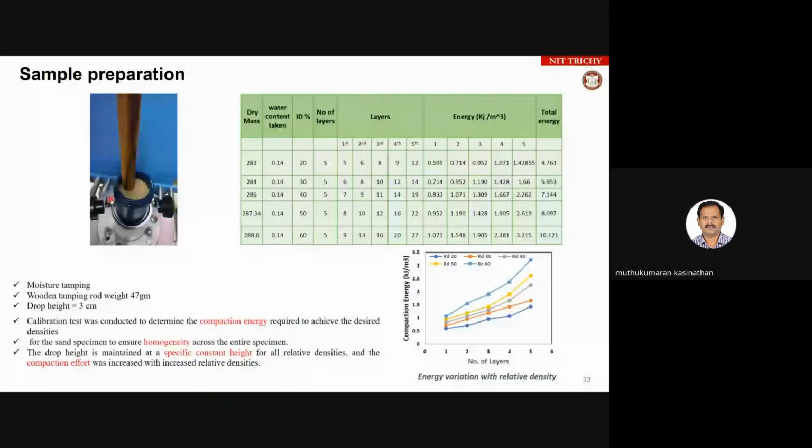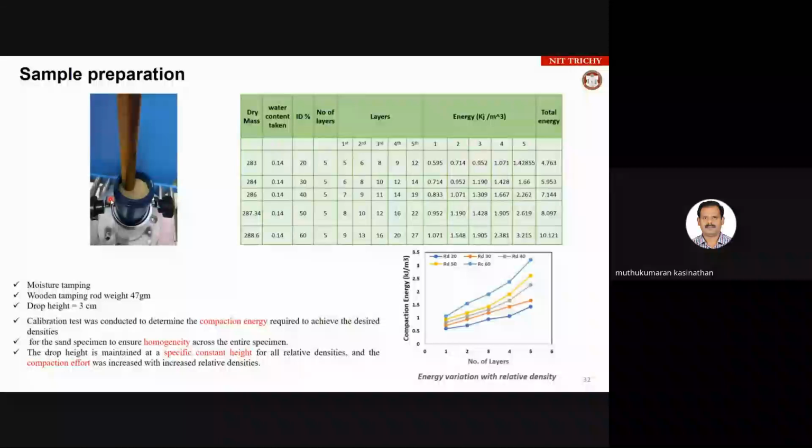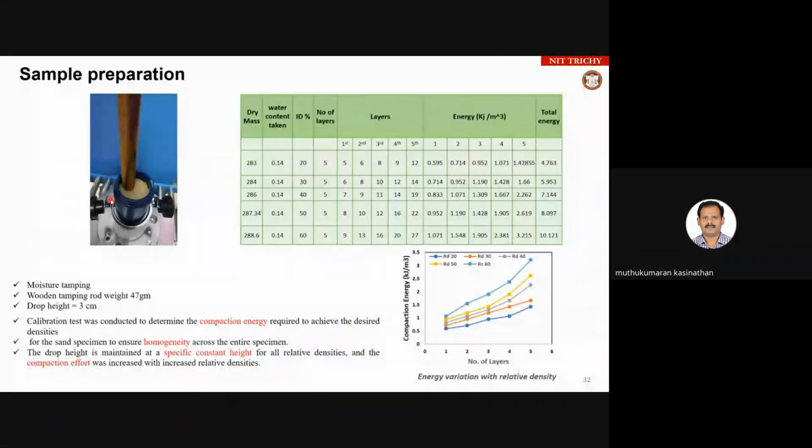Here we normally consider 30% relative density, the very loose state, up to the medium dense state of 40-60%. The compaction energy changes with respect to the relative density.